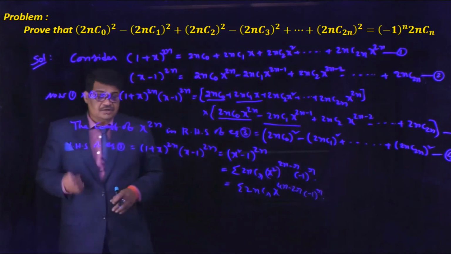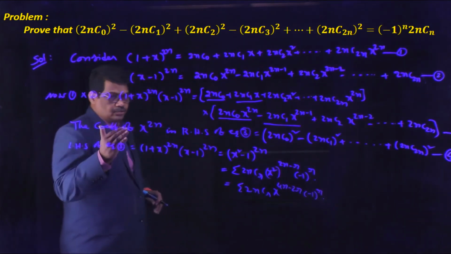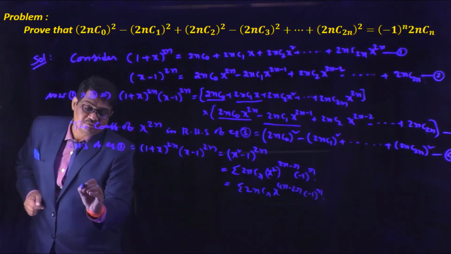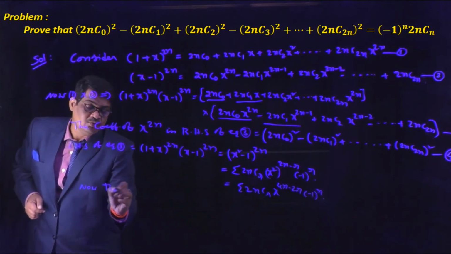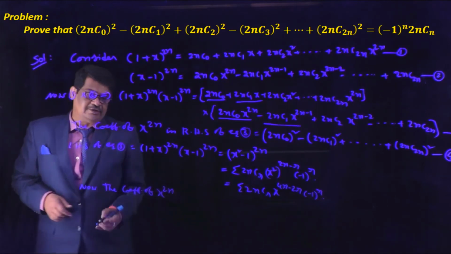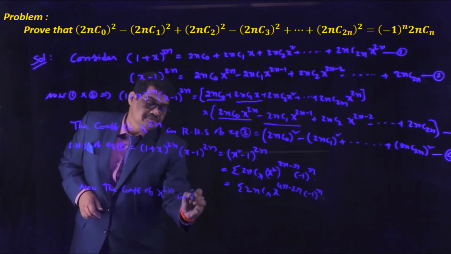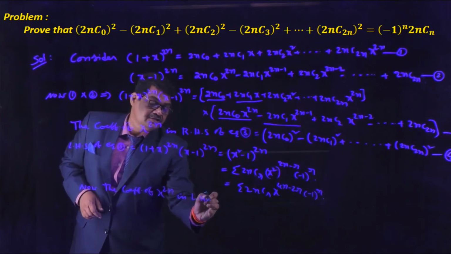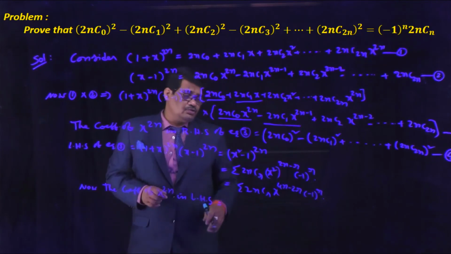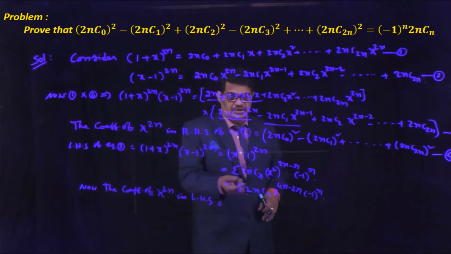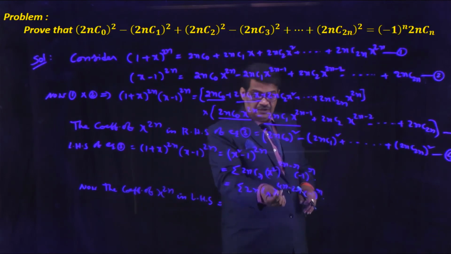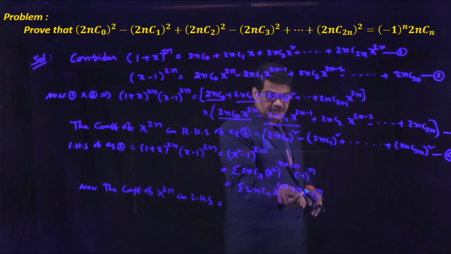Now we are collecting the coefficient of x to the power of 2n in the LHS. What is the coefficient of x to the power of 2n? For this, the power becomes 2n.